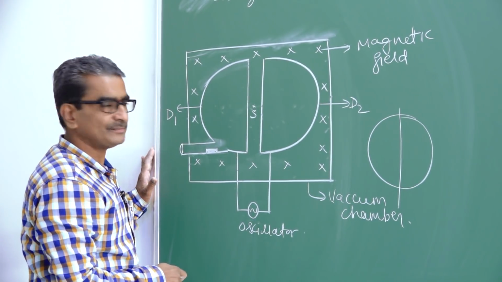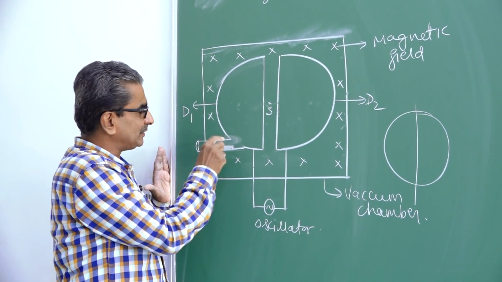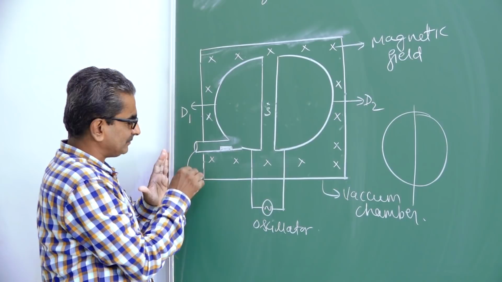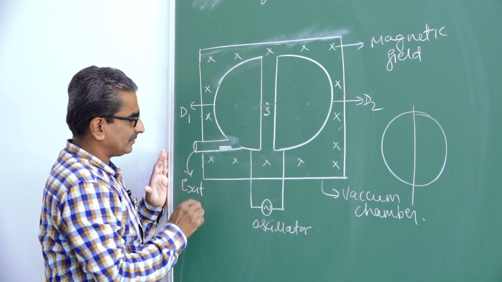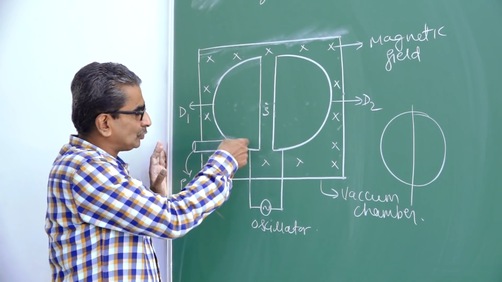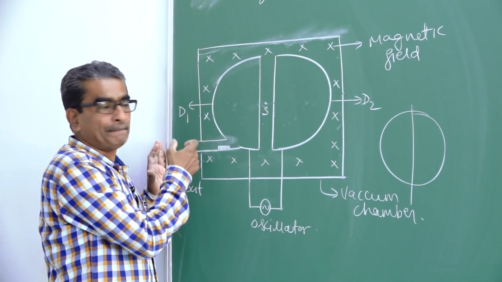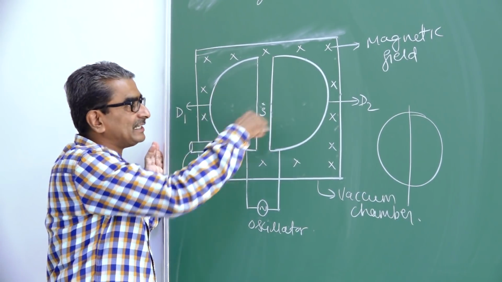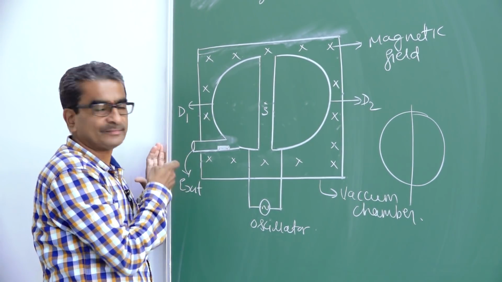You can notice one small exit is provided here in one of the Ds, through which the accelerated particle is going to come out.